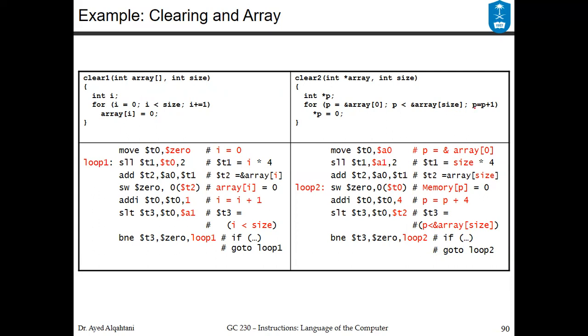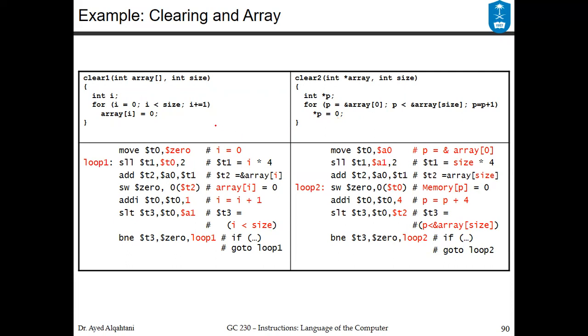What you do, you increment the pointer, and the location where the pointer is pointing to is going to be 0. So you clear this way.